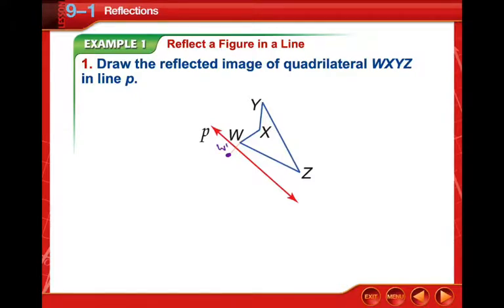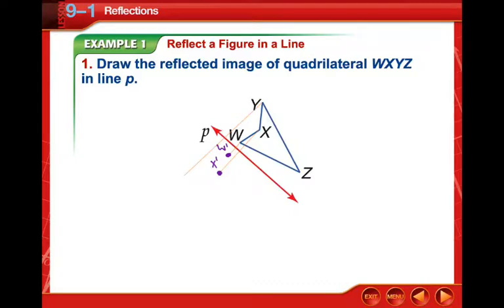And you do the same thing for all the points. It doesn't have to be perfect. There's our x prime. Do that for y.